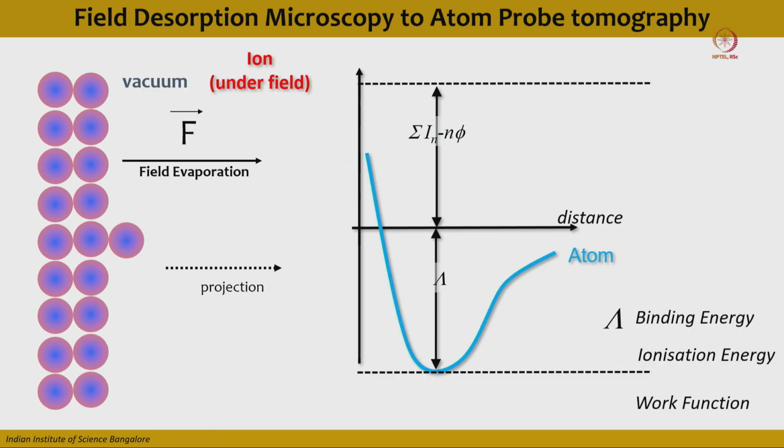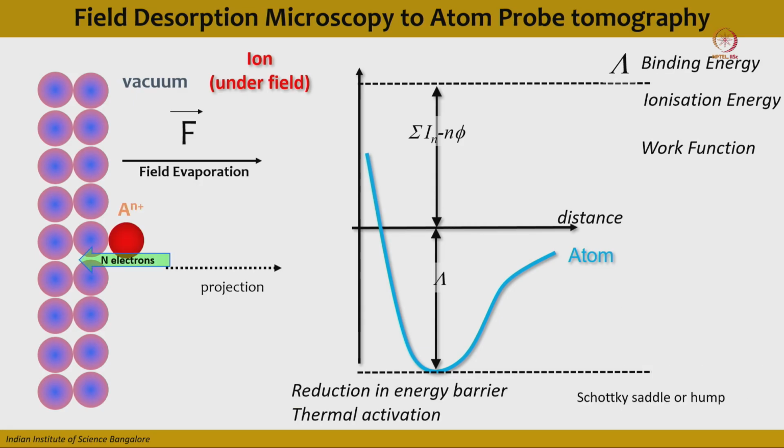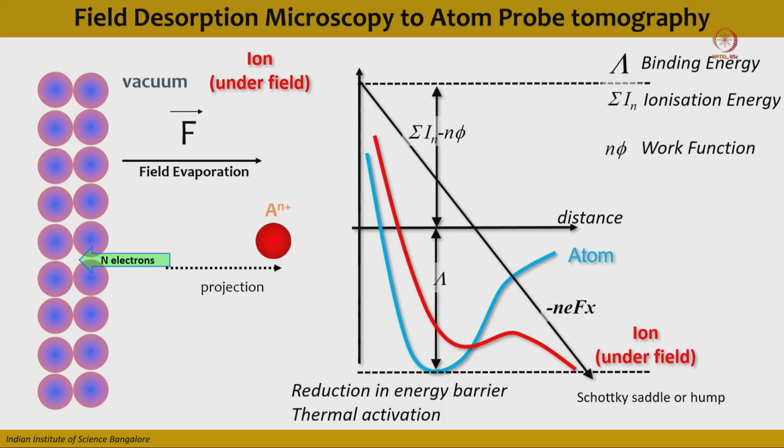If you apply an electric field, what will happen? The first thing that will happen is field ionization. Your electrons get drained out towards the tip, towards the lattice. Then the protruding atom will get ionized depending upon the number of electrons which are drained out, and in the presence of the field the potential energy curve will be distorted.